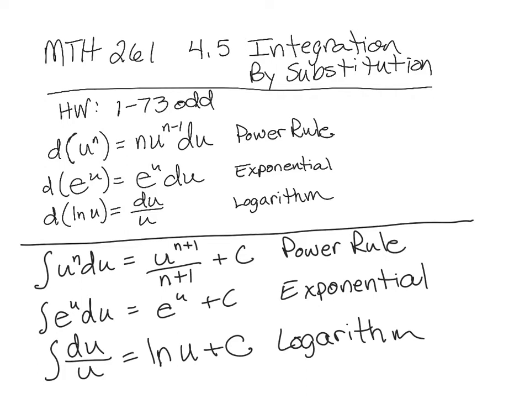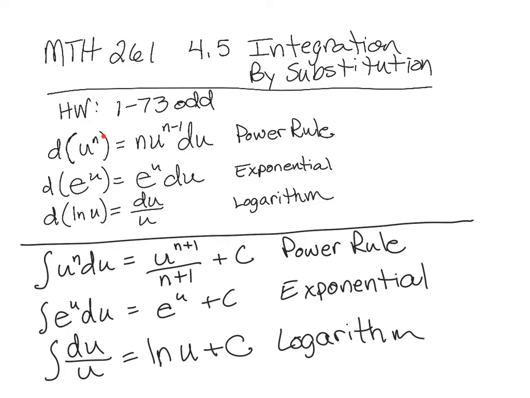Okay? Now, so far, all we've learned is the power rule integral, and that's just a very basic x to the power type undoing of the derivative. Now we're going to learn how to undo a chain rule derivative. You had three types of chain rule derivatives.